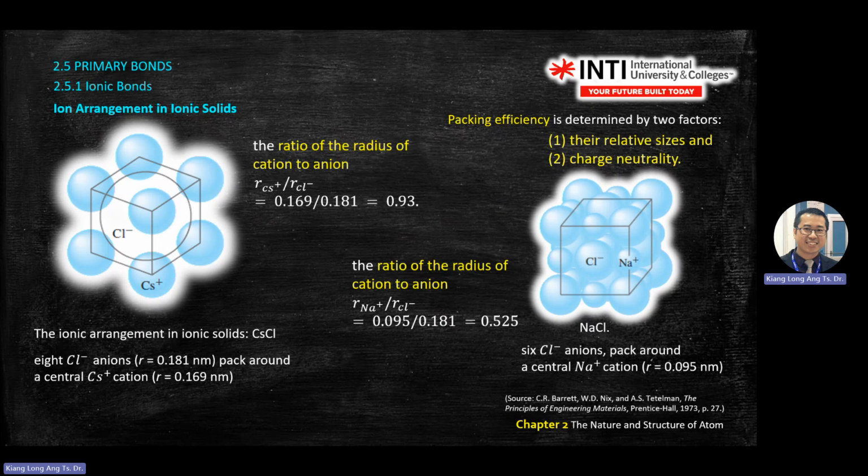So if you compare two materials, if the number is higher, means you can pack less, means more space there. If the ratio is low, it's very packed, less space there. Again, the detail will be in chapter 3.